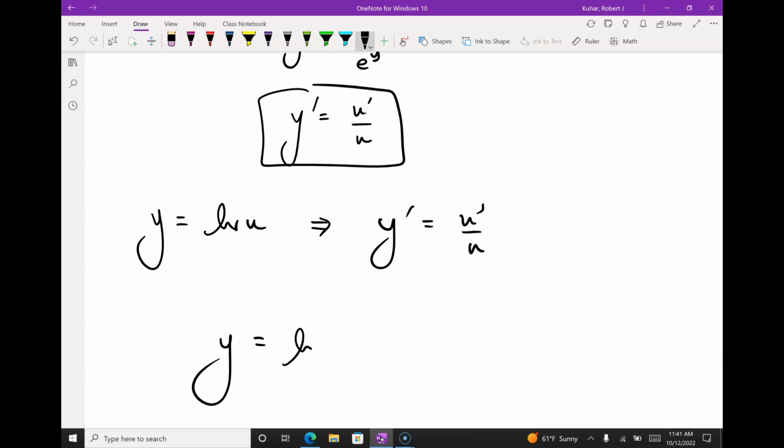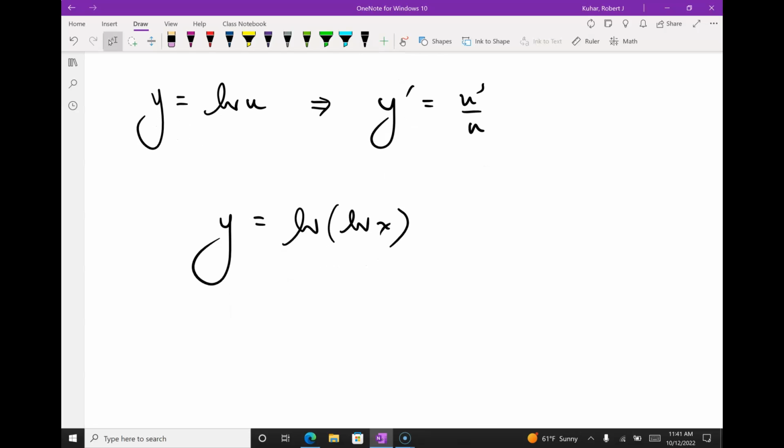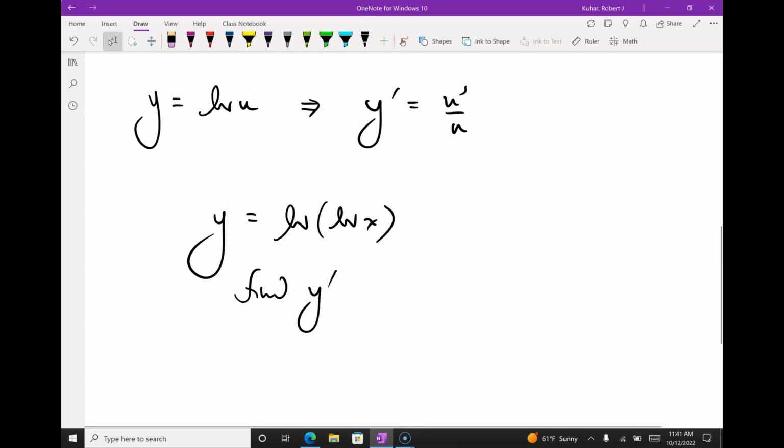with y equals ln of the ln of x. So we want to find y prime, yes? So what's the inside? ln. So I need the ln, and I need what's inside downstairs, u prime over u.